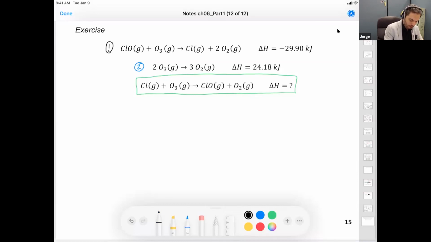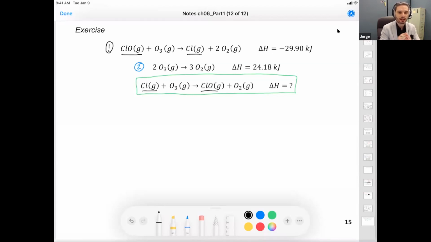Our problem equation has chlorine gas on the reagent side and chlorine monoxide on the product side. Our equation number one also has chlorine and also has chlorine monoxide. So that's a good sign. However, chlorine is on the product side and chlorine monoxide is on the reagent side.